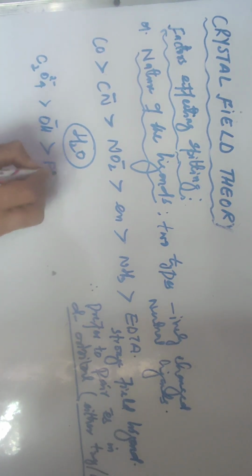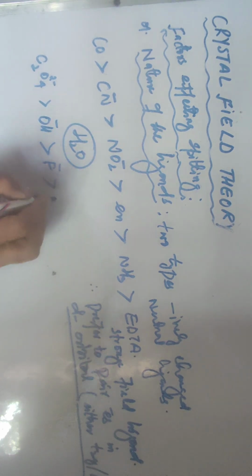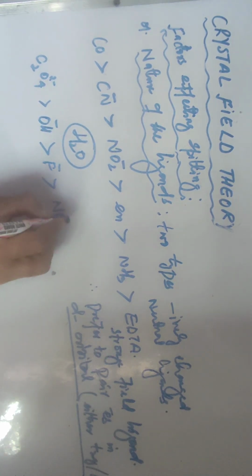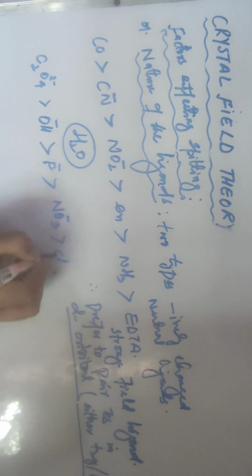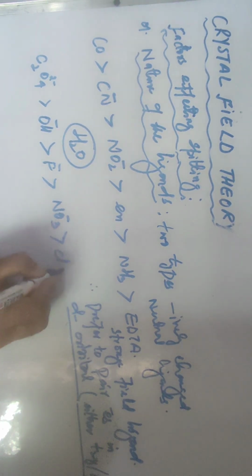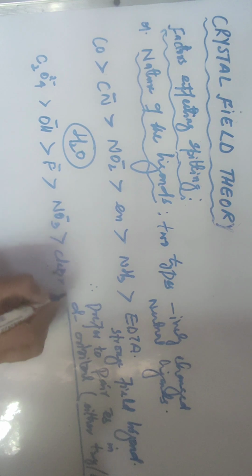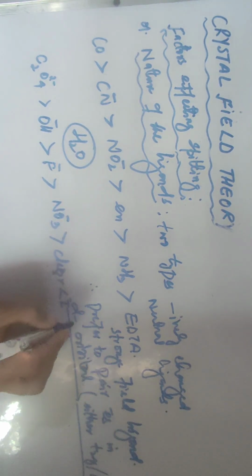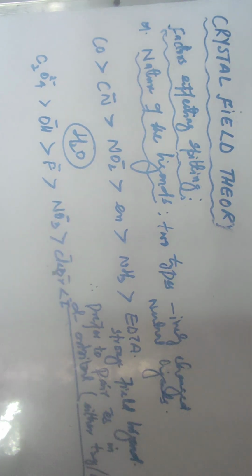Then we have fluorine, NO3 negative, Cl negative, Br negative, and finally iodine, I negative. So this is the series of ligands arranged in order of increasing splitting ability. This is actually known as the spectrochemical series.